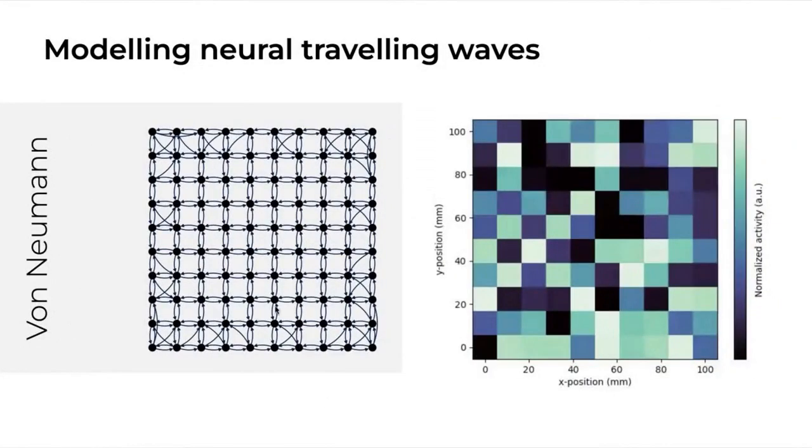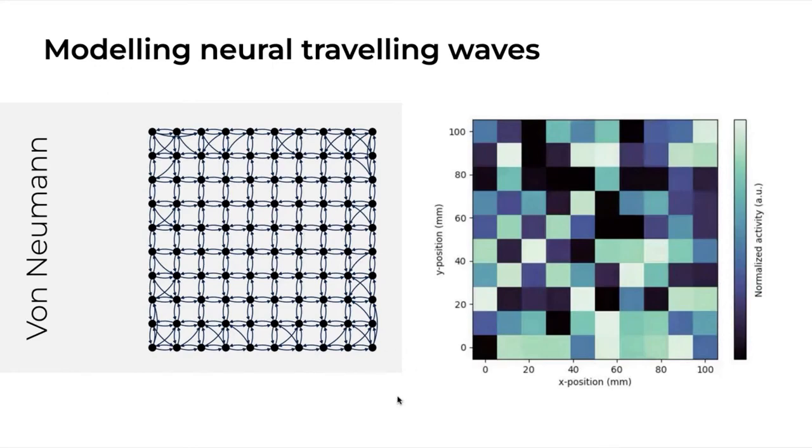But if you think about it, what we saw before is not a recurrent network with its nearest neighbors. So this is what I implemented here. This time, each of the oscillators is connected to its nearest neighbors with the simplest form, the von Neumann connectivity. So each oscillator is connected to its immediate neighbors.